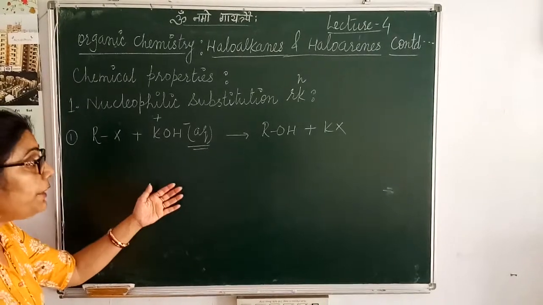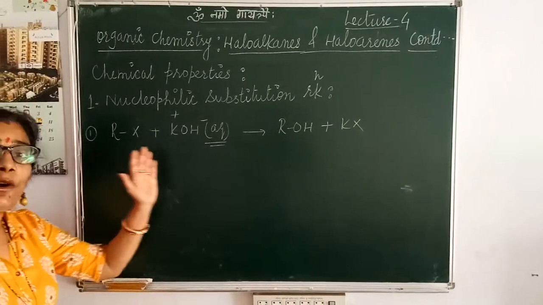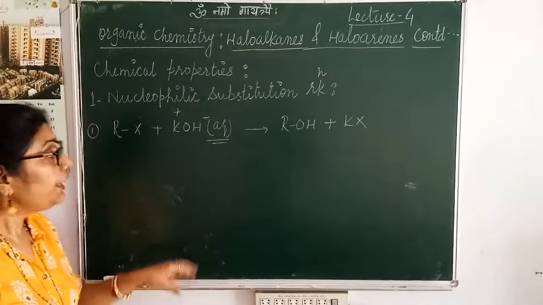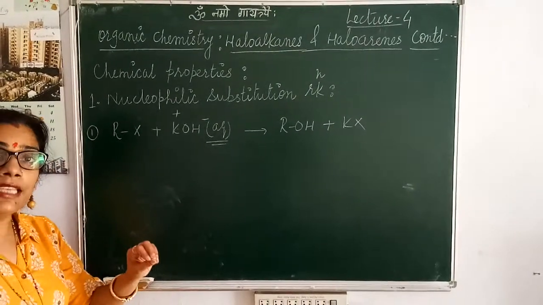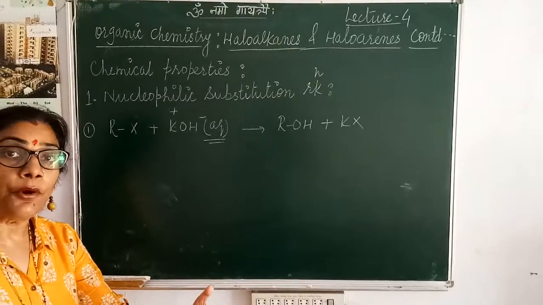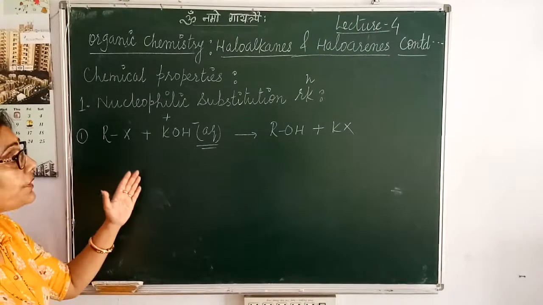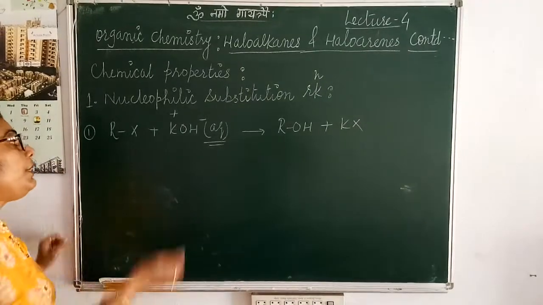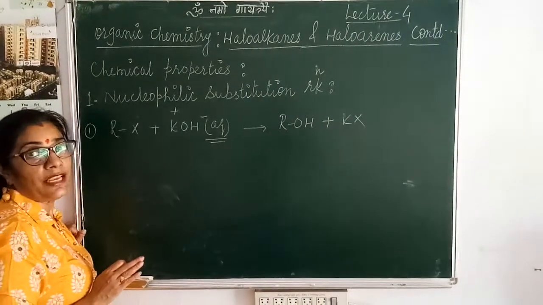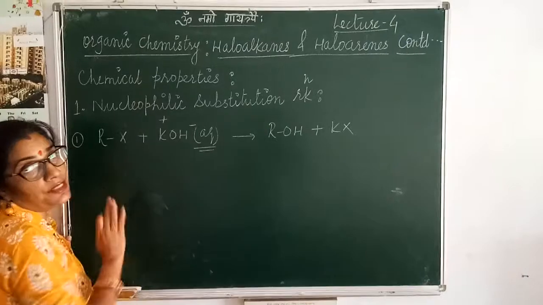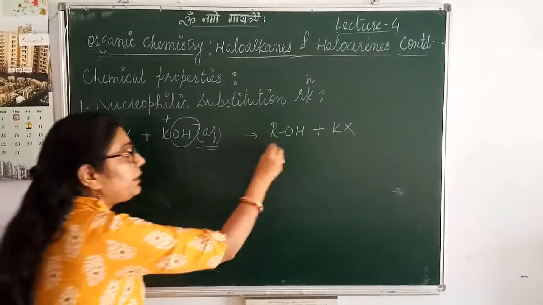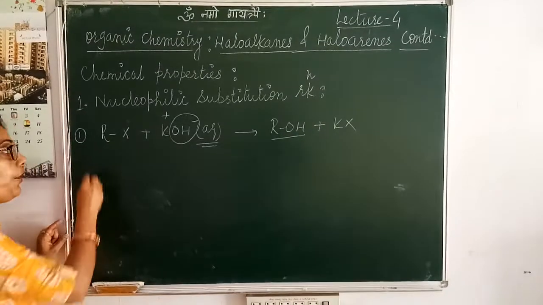How do we decide whether it is going to be SN1 or SN2? Depending upon the circumstances, if a 3-degree alkyl halide is there, preferably it would undergo SN1 reaction, because in that case the intermediate is a carbocation. But if a 1-degree alkyl halide is there, then it will follow the SN2 mechanism. The nucleophile is hydroxyl ion and the product is alcohol.